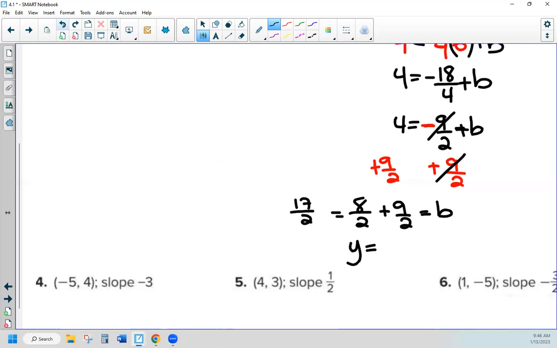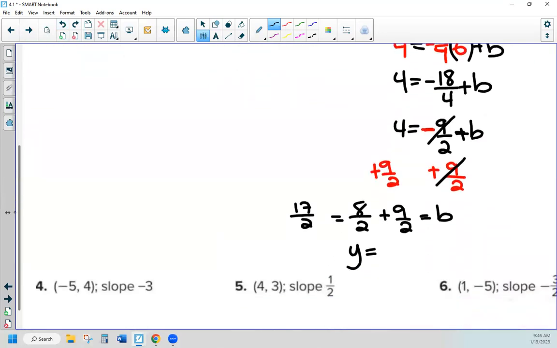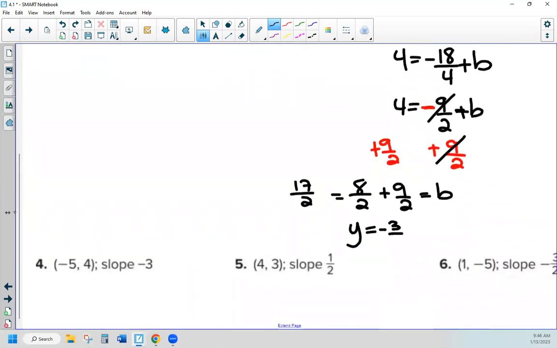My final product is, I'm going to write the equation in slope-intercept form. y equals the slope that they gave me, -3/4, and then my x, don't forget x, and then my y-intercept of a positive 17/2.